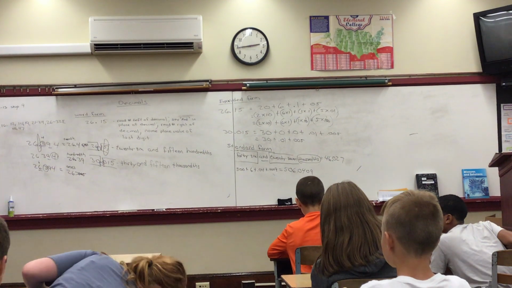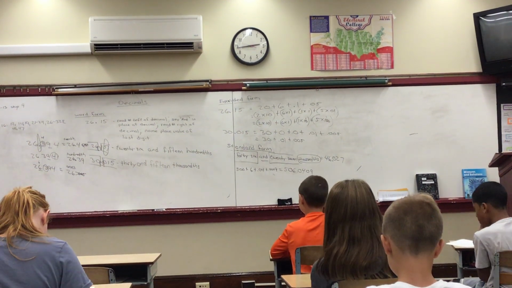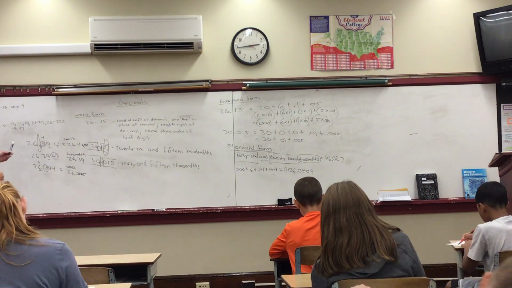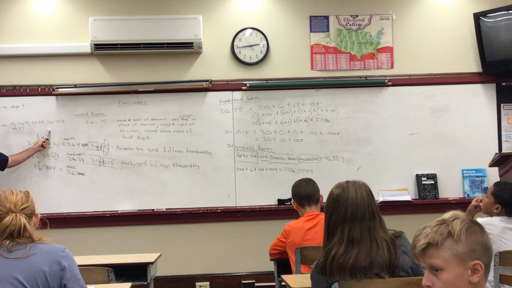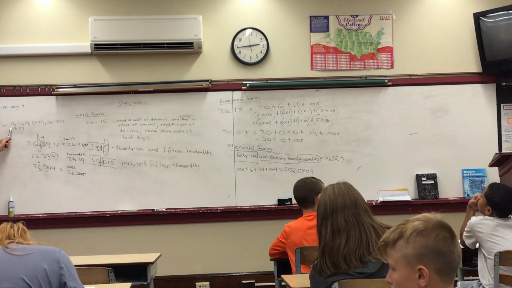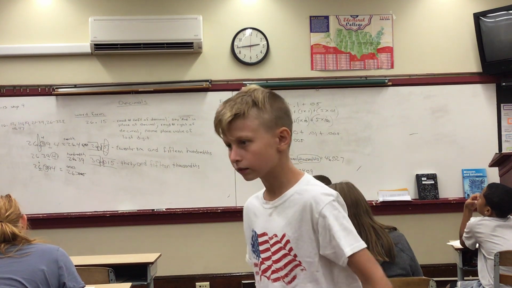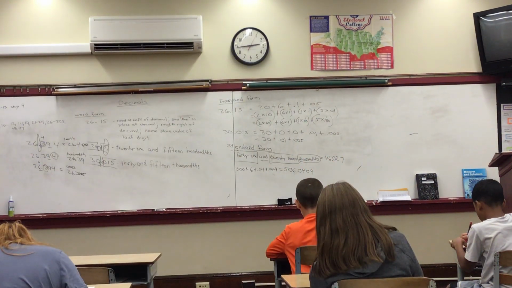So 21, 22, 23, 24. And then you're going to have 26 to 32 evens. So that means 26, 28, 30, and 32. And then you have 46 and 47, all on page 16. Okay? Go ahead, you have 25 minutes, should be plenty of time to get this finished.